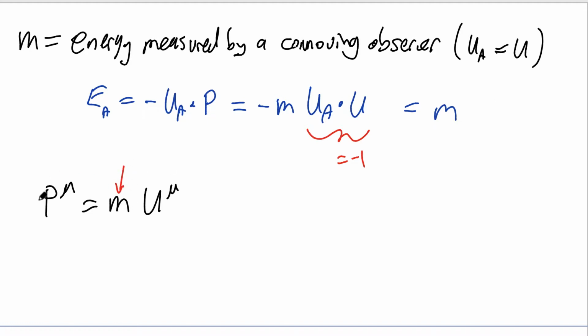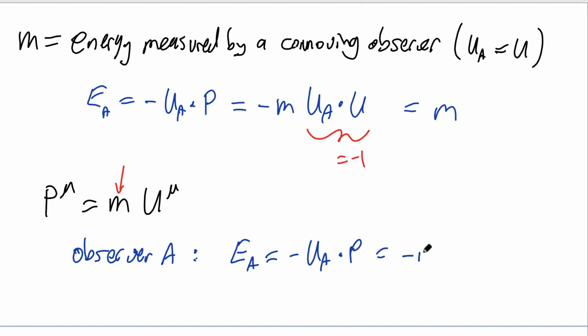But we can just as easily write down the momentum expressed in terms of the energy seen by some other observer. So let's consider a generic observer A. This is any old observer, not a co-moving observer. So this observer measures the energy of the particle as minus U_A dot P, but that's minus m times U_A dot U. And we can now solve this equation for m.